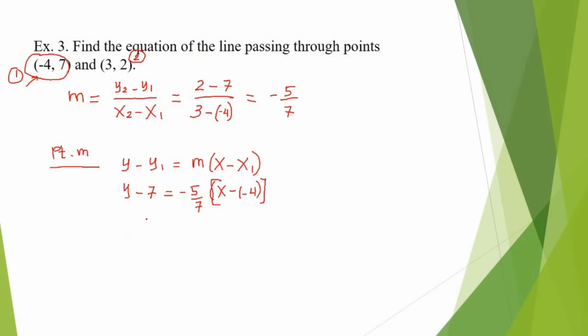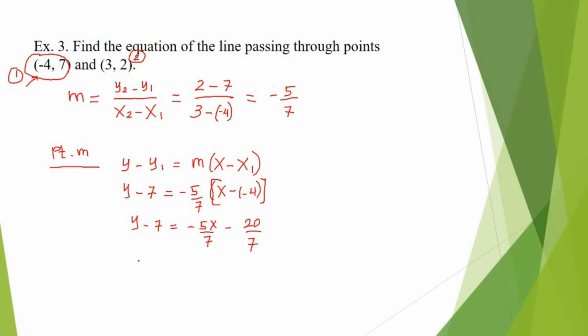So we have y minus 7 is equal to negative 5x over 7 minus 20 over 7.